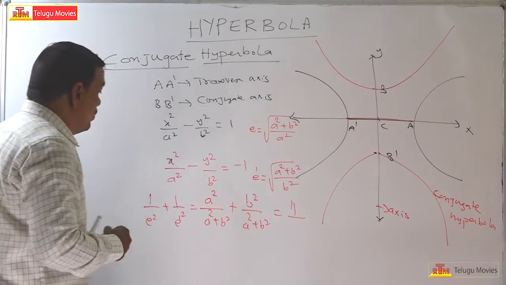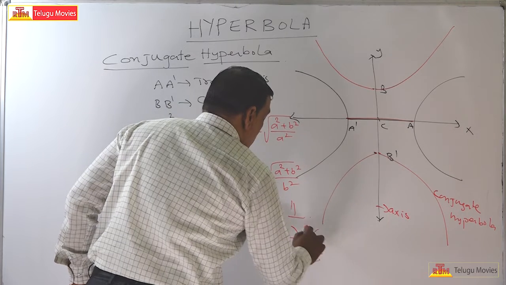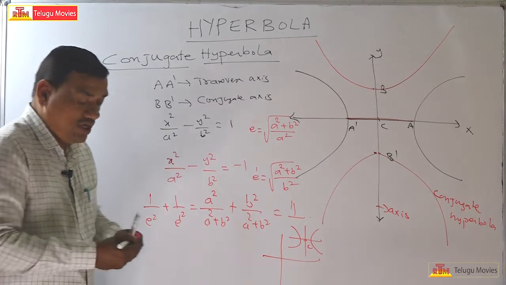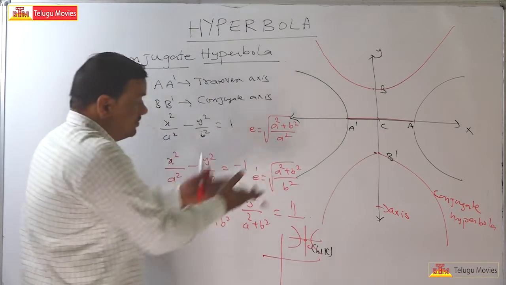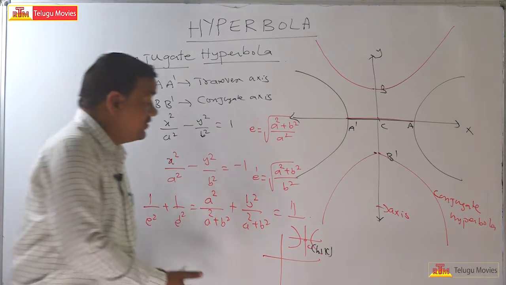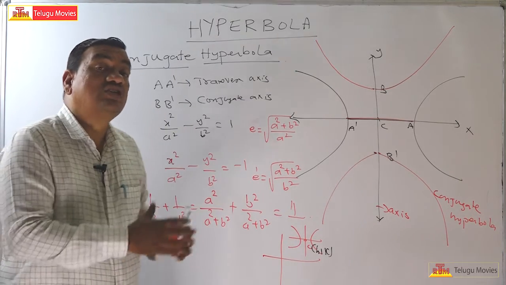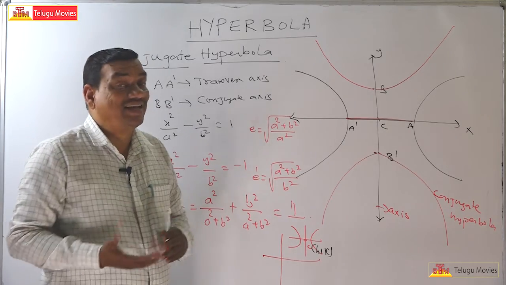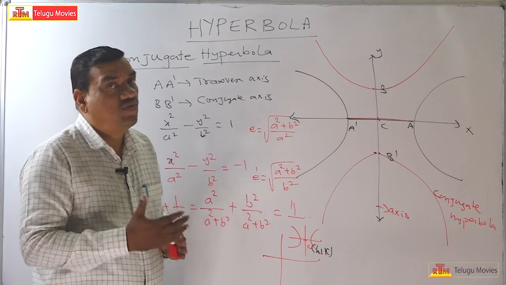If you take any hyperbola, its center need not be 0 comma 0; it can be shifted to some point h comma k. Then what will be the equation of the hyperbola, and what are its vertices and directrices? All those things we will see in the various forms of the hyperbola.